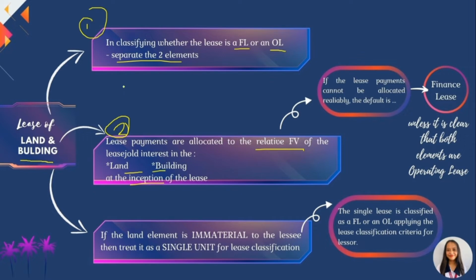So for example, the land has 1 million. The building has a fair value of 2 million. Total of 3 million. Then, the lease payment is 100,000.